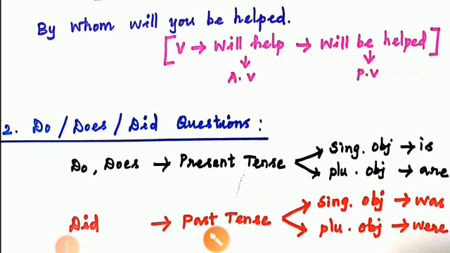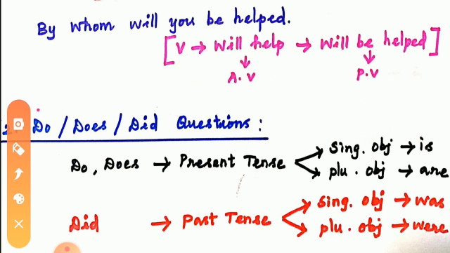In case, students, the question in the active voice starts with the auxiliaries do or does or did, what do we have to do? Just look at it, students. We must analyze the questions which start with do or does.